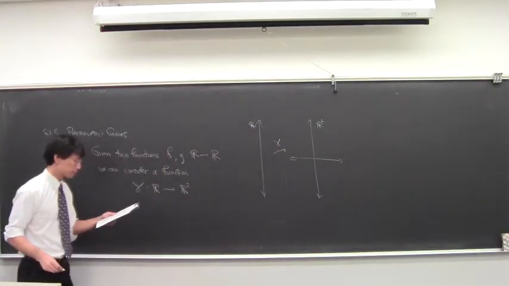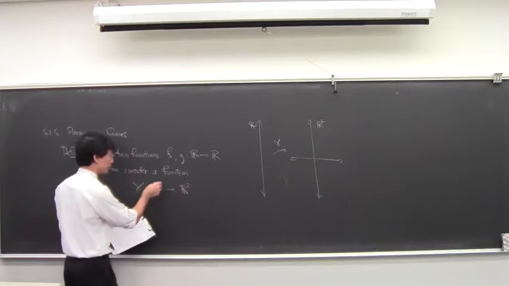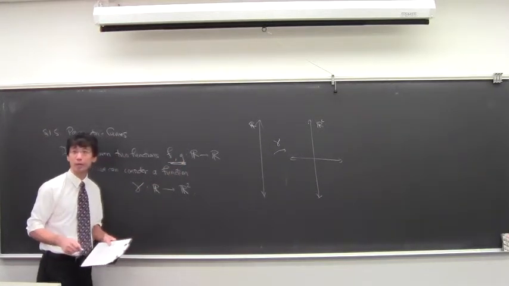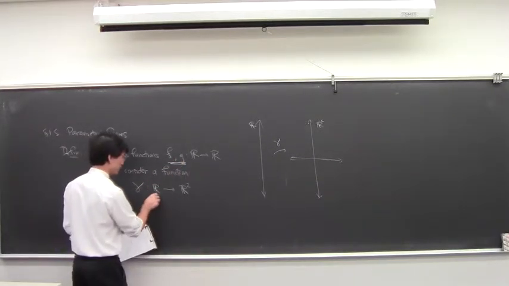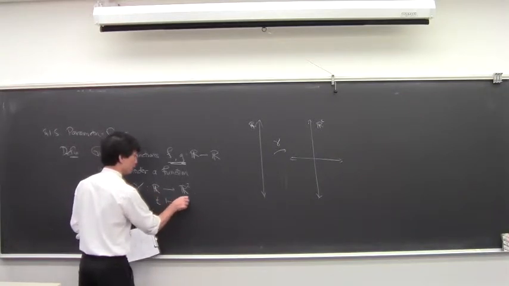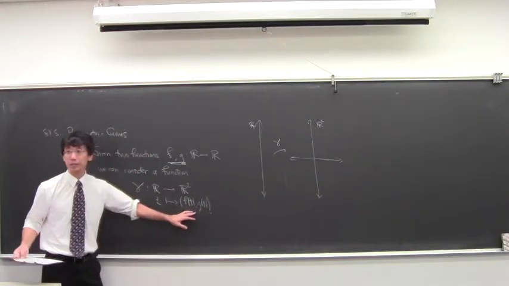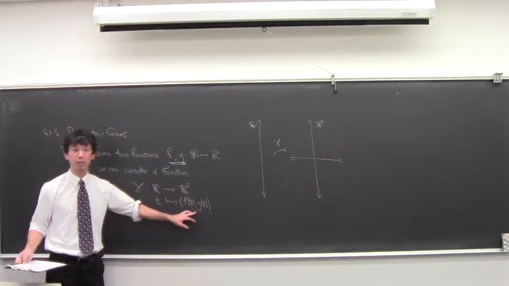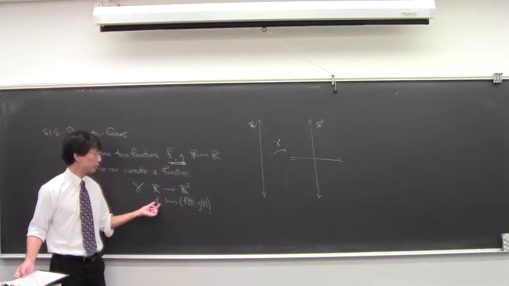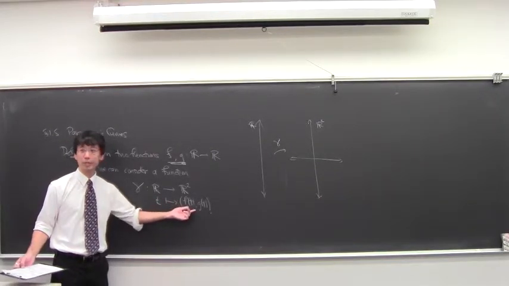Okay, and the way you create it is you make it out of f and g by saying gamma takes a point t to the point on the plane where the coordinates are f and g. The coordinates of that point are f of t, g of t.